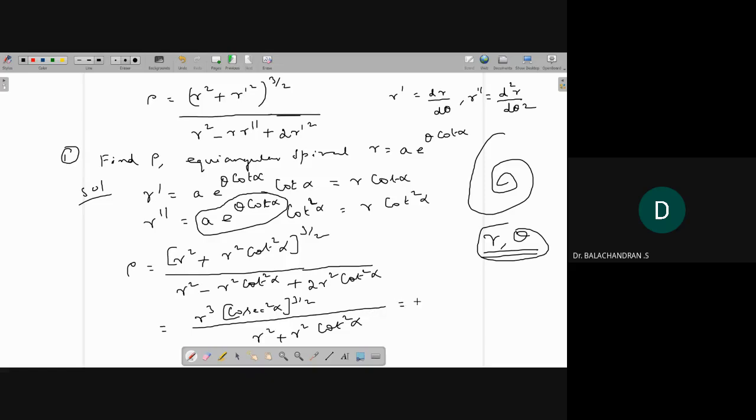So this is equal to r cube, the 2 gets cancelled, cosecant cube alpha, by r square, taking it commonly. 1 plus cot square alpha is cosecant square alpha. After cancelling r and cosecant alpha, finally you'll get r into cosecant alpha. This is the final answer.